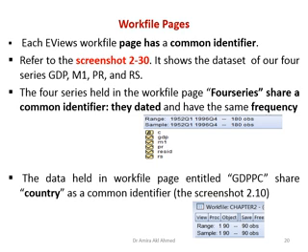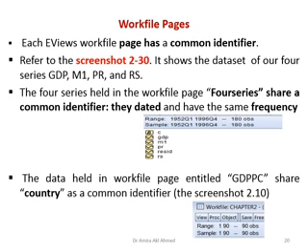An EViews work file was previously defined as a container for EViews objects. Now it could be defined as a collection of pages. All data in an EViews page share a common identifier.